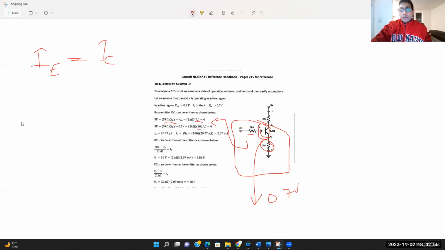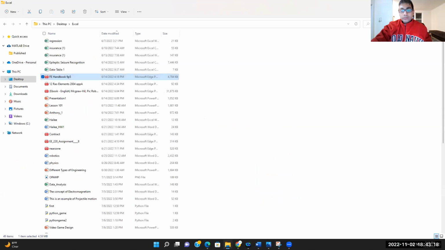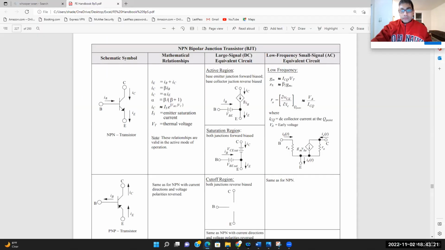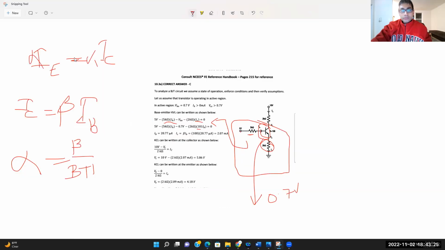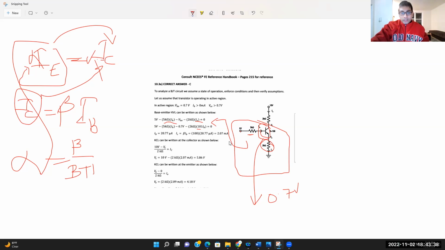Over here, they took 101 because we know IC is beta times IB. Since beta is given as 100, once you plug in the values, you're supposed to get your IB.